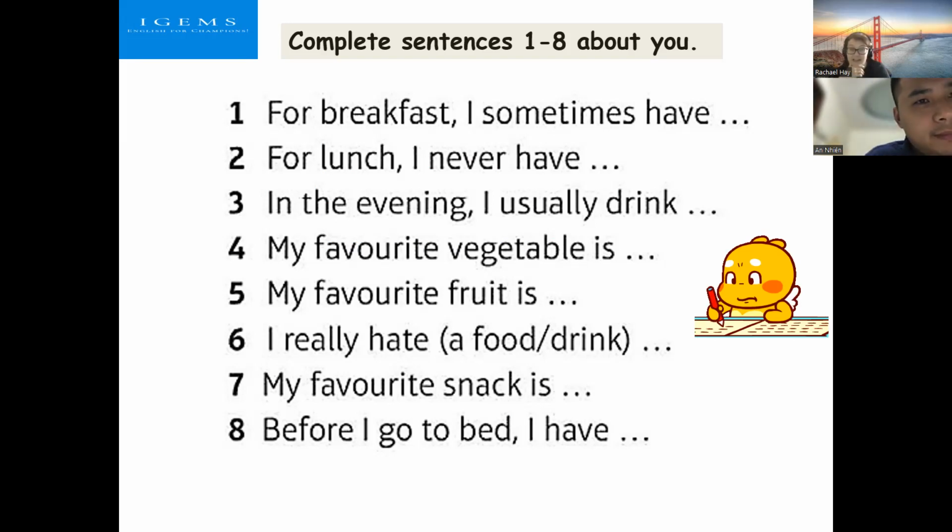In the evening, I usually drink fruit juice.